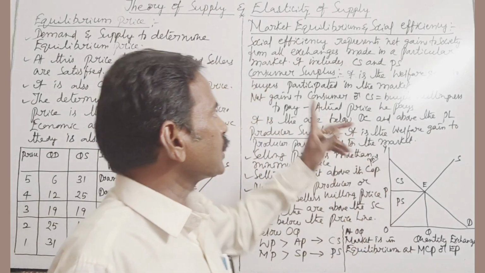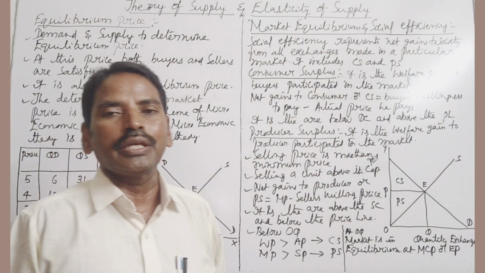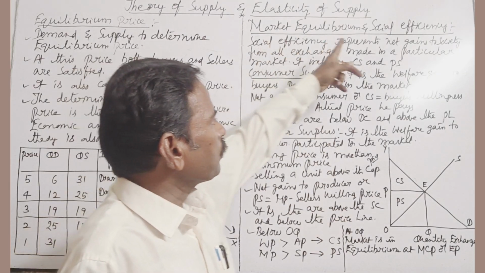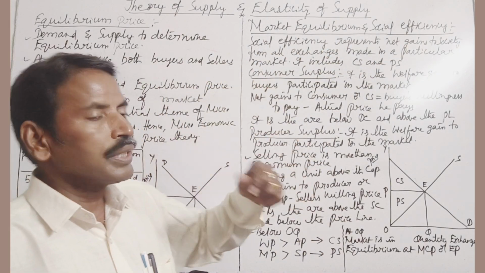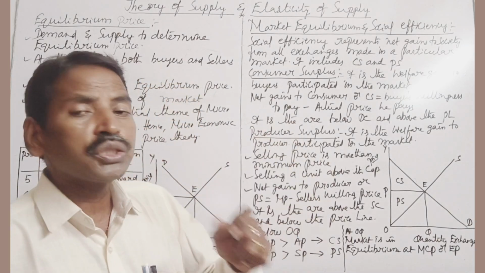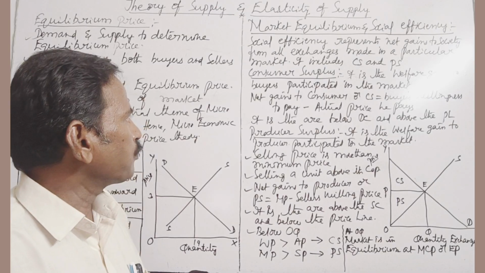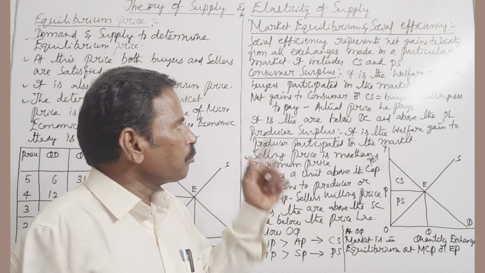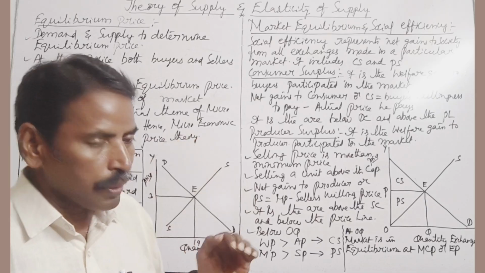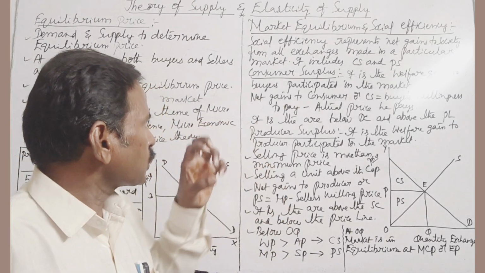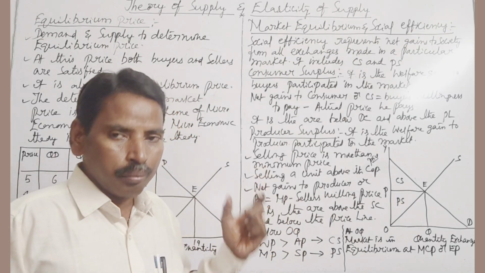Now let us examine market equilibrium and social efficiency. Social efficiency represents net gains to society from all exchanges made in a particular market.